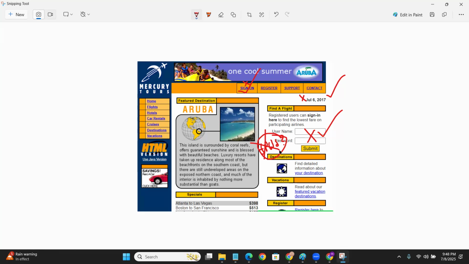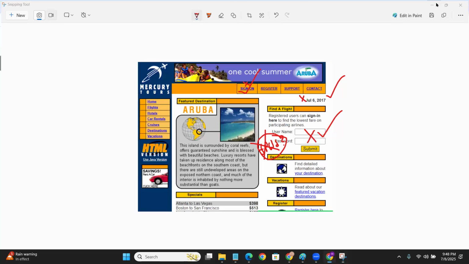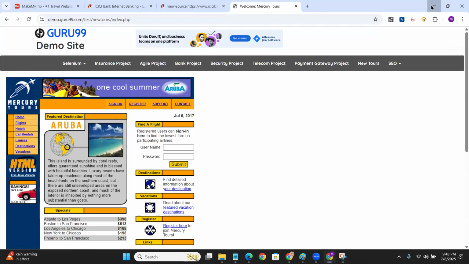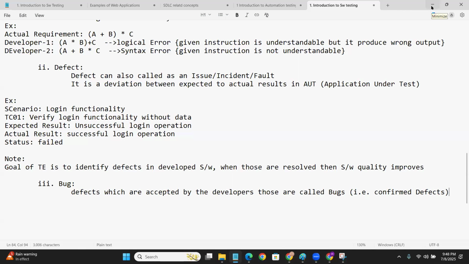All the bugs are going to be defects, but all the defects may not be bugs. Sometimes you feel it may be a defect, but that may not be a valid defect. The defects which are accepted by the developers are called bugs.